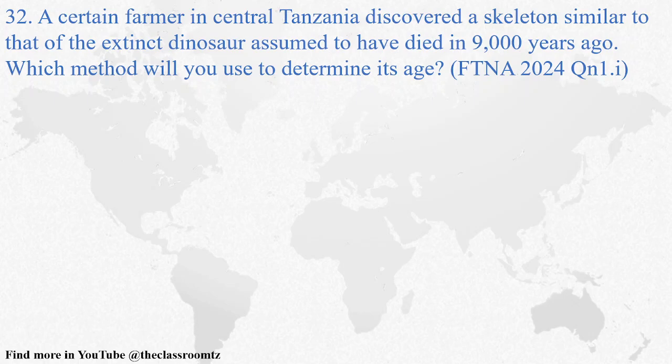Because it's all about age, and that is discovered maybe by the method called archaeology. So we can term that farmer, yes, he was a farmer, but without knowing, he became an archaeologist because he discovered it under the ground. Then after discovering it, we understood it's aged 90,000 years. And the question is, what method is used to determine that?